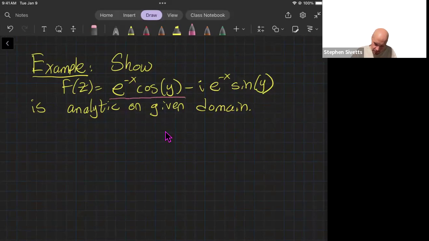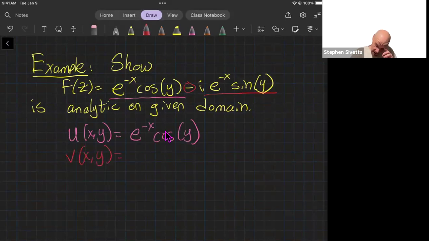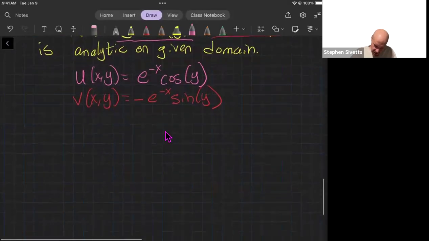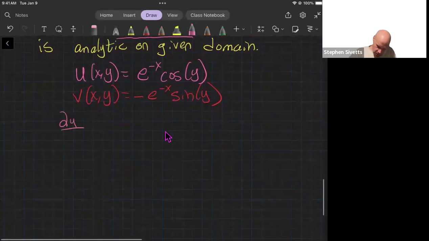So the real component, u of x y, is equal to e to the minus x cosine y. The imaginary component, v of x y, is equal to minus e to the minus x sine y. Okay, so let's compute the partial derivatives of u and then v.